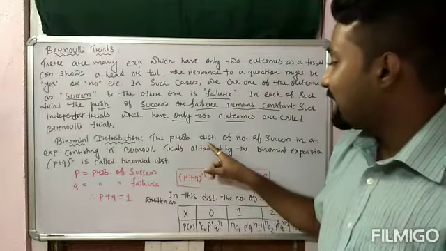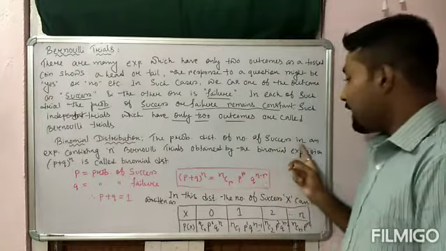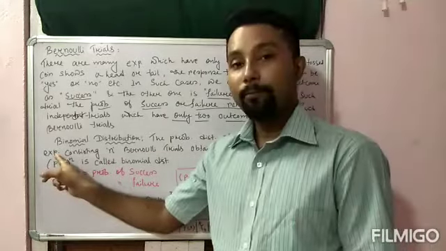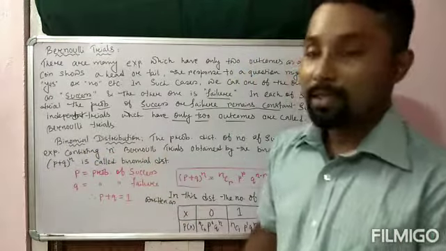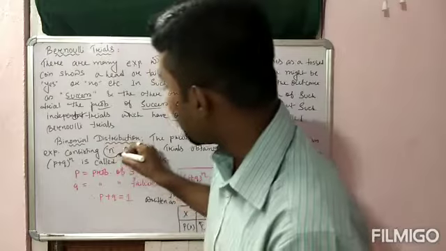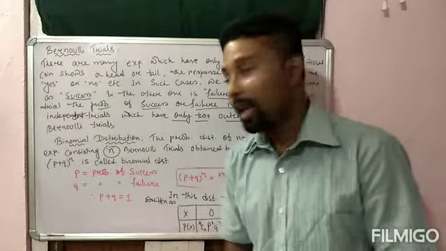The probability distribution of the number of successes in an experiment consisting of n Bernoulli trials, I will explain its meaning when I give an example.